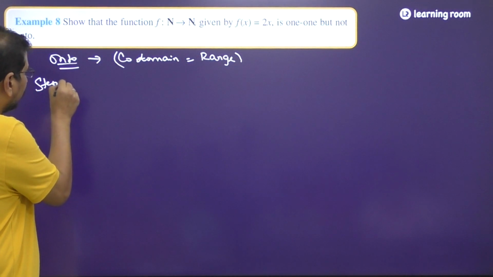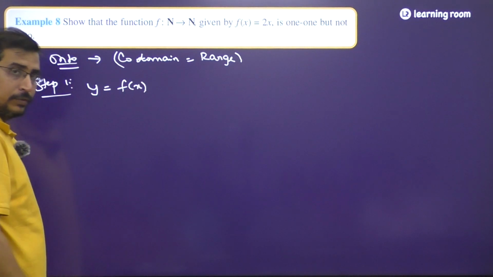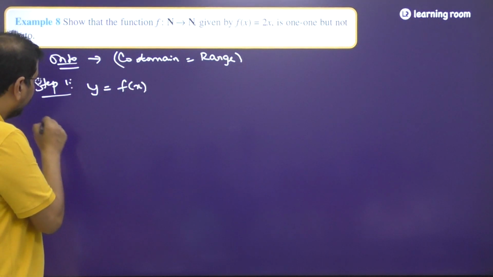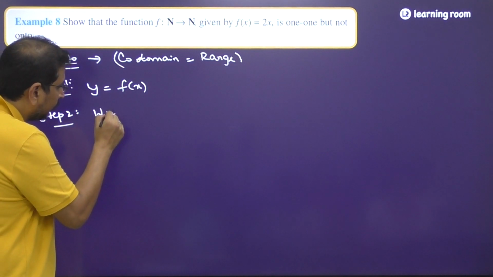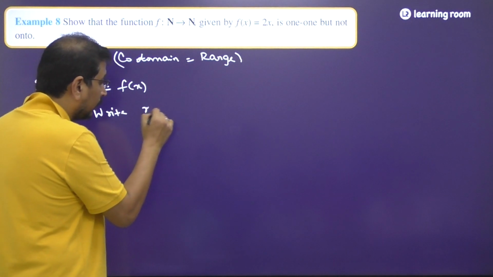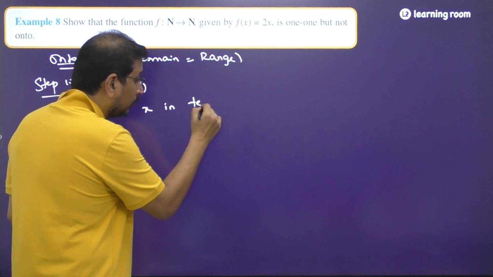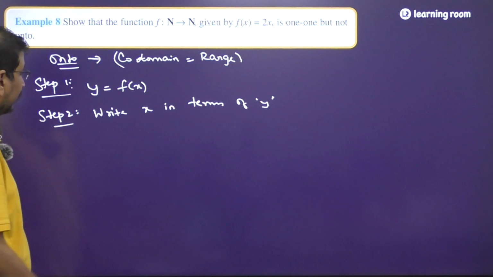Step number 1 is you will write y is equal to f of x. Step 2 is write x in terms of y.